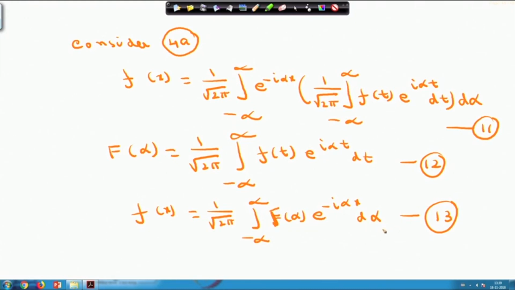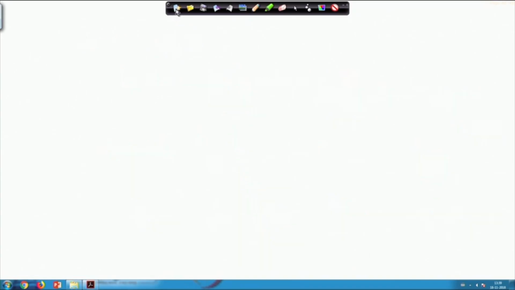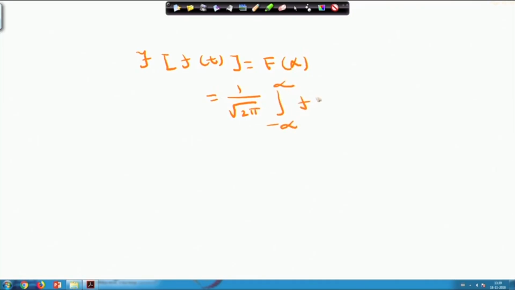So, effectively, equations 9 and 10 can be used to find the Fourier transform and inverse Fourier transform of the function, and for 12 and 13 let me write it again. The Fourier transform of f(t) equals F(alpha), which is nothing but 1 by root 2 pi, integral from minus infinity to infinity of f(t) e^(i alpha t) dt.